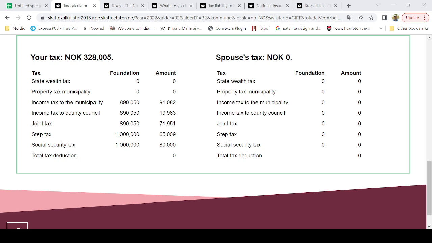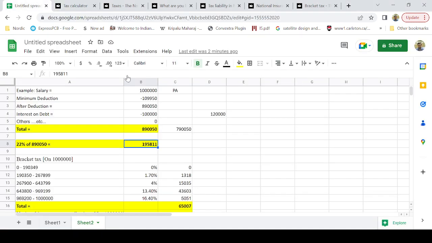So if you add it, it will come 91082 plus 19963 plus 71951. So it is coming 182996, right?